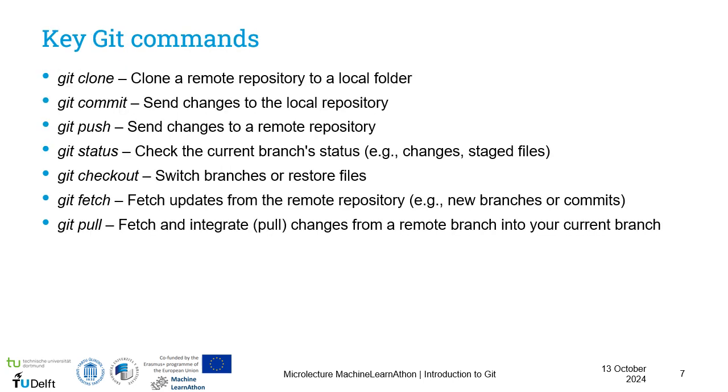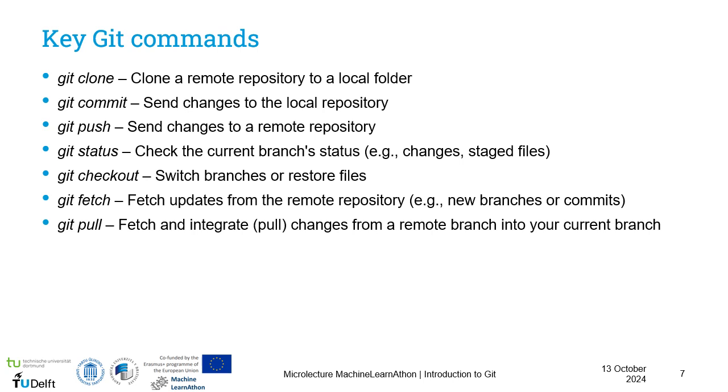In order to execute version control, we are using a set of instructions called Git commands. The first command we need is git clone, that is used to create a copy of the remote repository in a local folder, which we can start using and start tracking changes. Once we develop new code and make changes, we can send changes to the local repository using git commit.